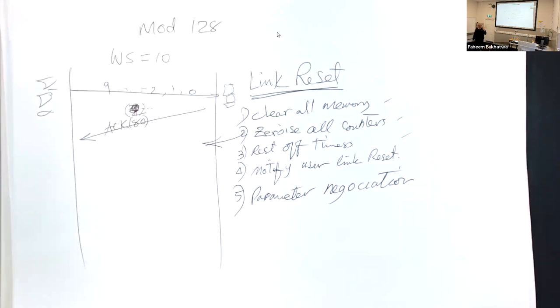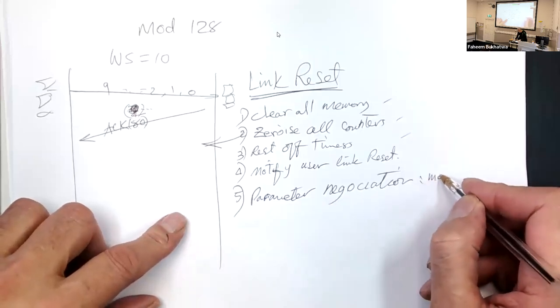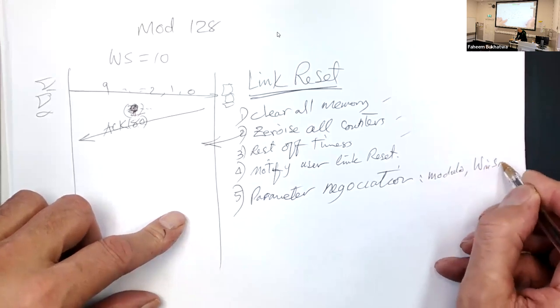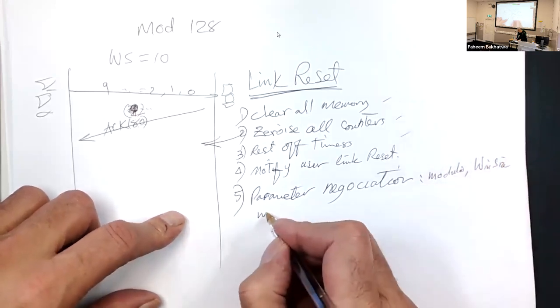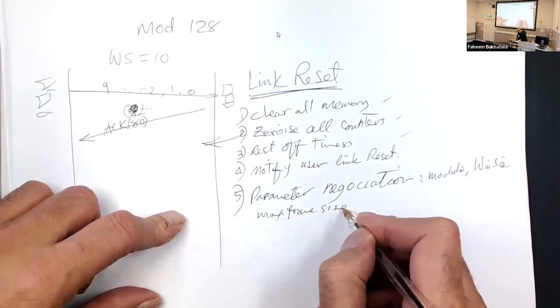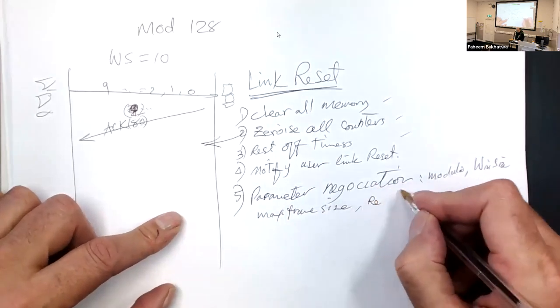We're going to start the link again, but what modulo should we use? What window size should we use? Some examples: modulo, window size. What else? Usually maximum frame size, and retransmission timer.